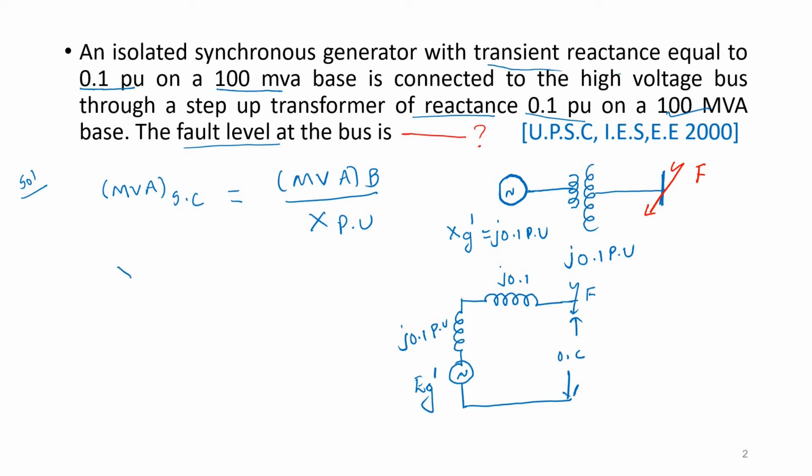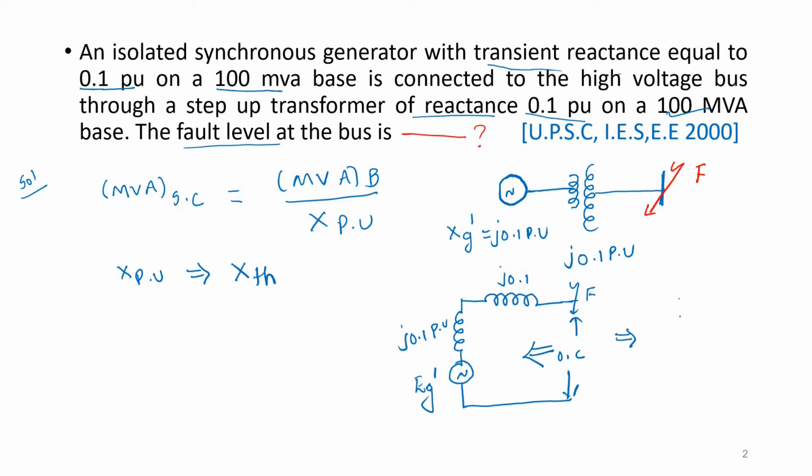So X per unit, if you calculate using Thevenin's theorem, is nothing but X Thevenin. With respect to the fault terminals, you need to find the Thevenin impedance, that is the reactance.